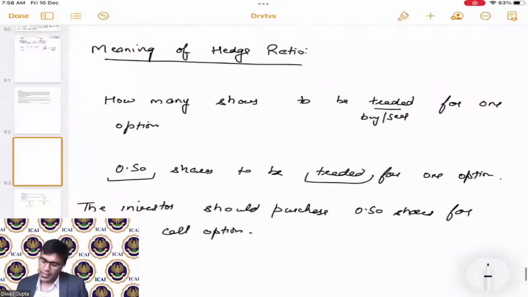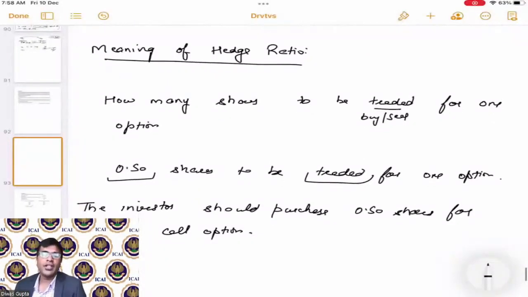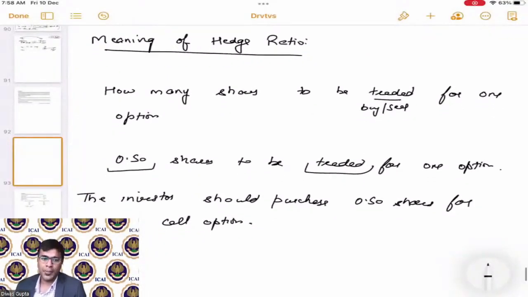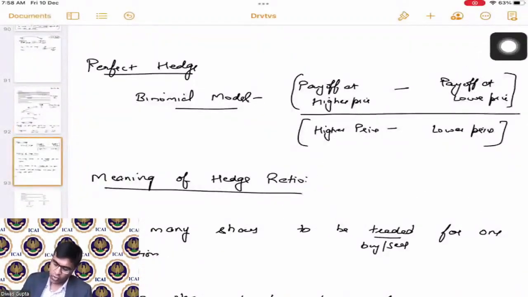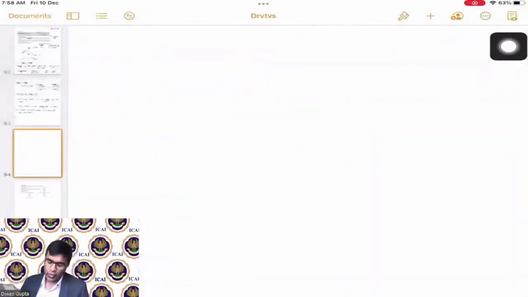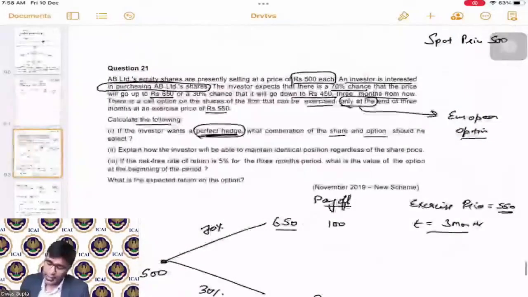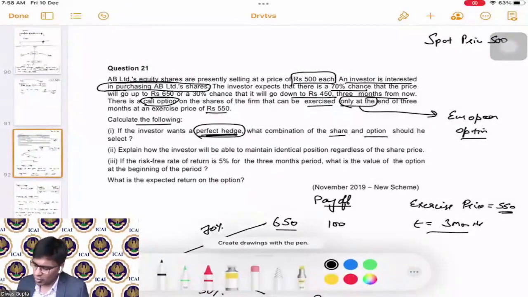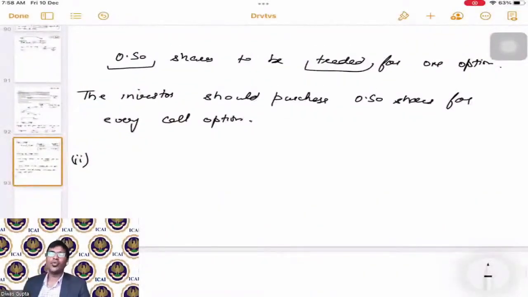Now, what I'm trying to say here is, if he has purchased the shares, what he should do in the call option market? He should purchase the call option or he should sell the call option. First of all, we cannot go to the put option. Why? Because the question again has only indicated that there is a call option. That's all. They have only indicated there is a call option. Now, tell me one thing, what he should do with the call option.